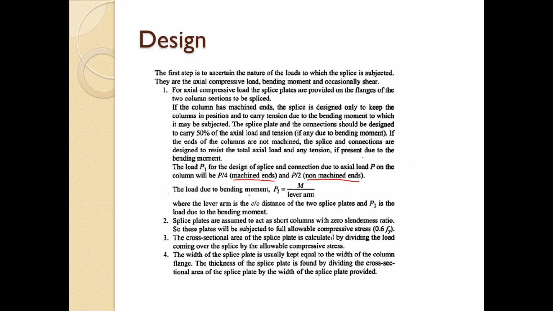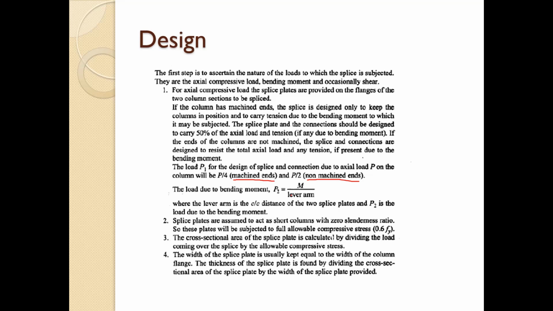So the load due to bending moment, that is P2 equals M divided by e, that is the lever arm, where the lever arm is the center to center distance between two splice plates, and P2 is the load due to bending moment. The splice plates are assumed to act as a short column with zero slenderness ratio.